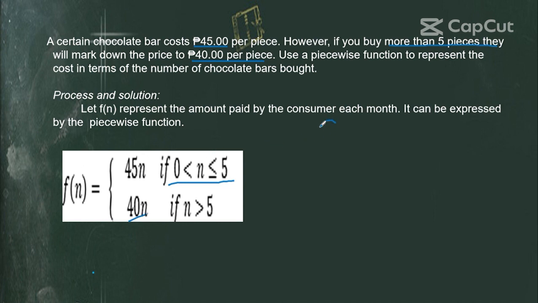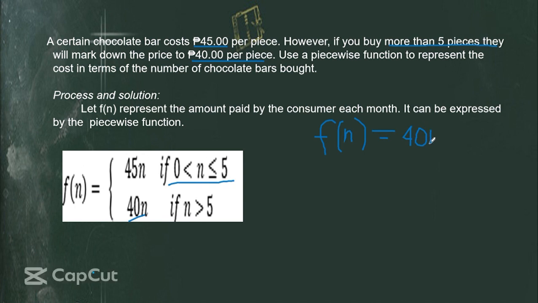So, f of n is equal to 40, the amount per piece, times n, the number of chocolate bars you bought, more than 5. So, 40 times 5. So, equal to 20.